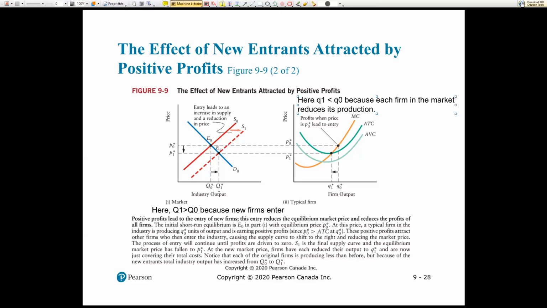Q0 and small q0 is not a stable equilibrium because new firms will tend to enter. And Q1 and small q1 is a stable equilibrium because here all firms make exactly zero profit. So it looks sad if you think about it.